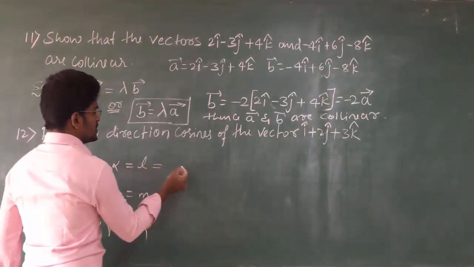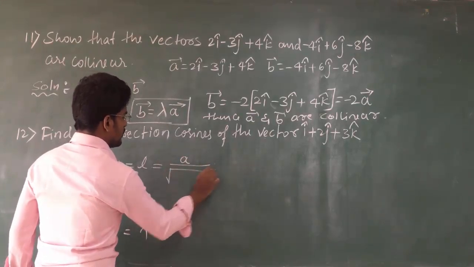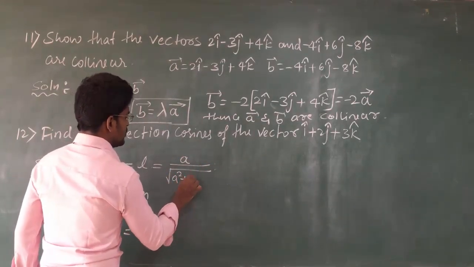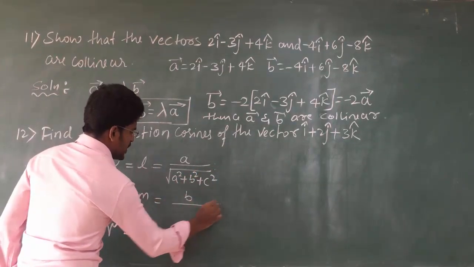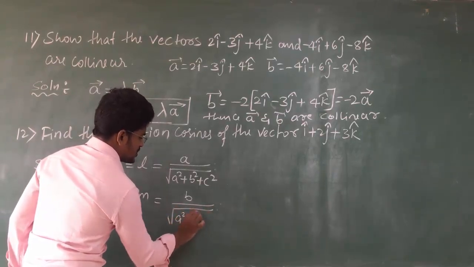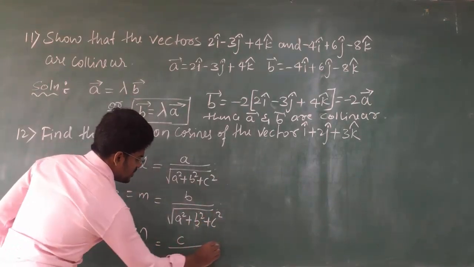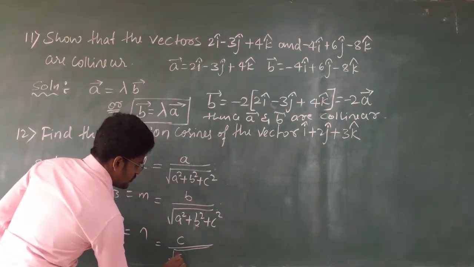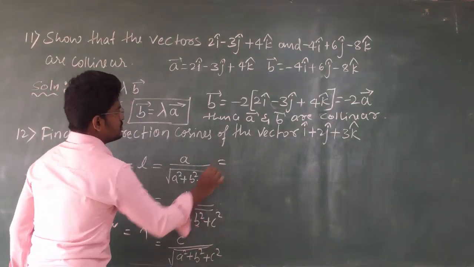So the formula for this is a divided by square root of a square plus b square plus c square, here b divided by square root of a square plus b square plus c square, here c divided by square root of a square plus b square plus c square.